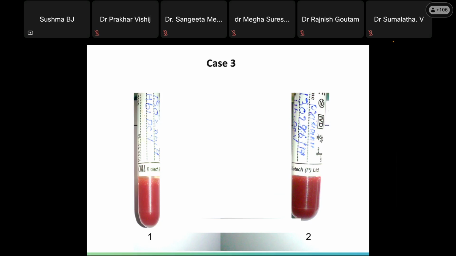And the repeat sample showed around 13. Actually, the patient was not having anemia. But why did this error occur? The technician who was drawing the sample did so from the connected IV line without stopping the drip, leading to sample dilution and yielding lower hemoglobin results. So again, this aspect cannot be taken care of by the automation system.